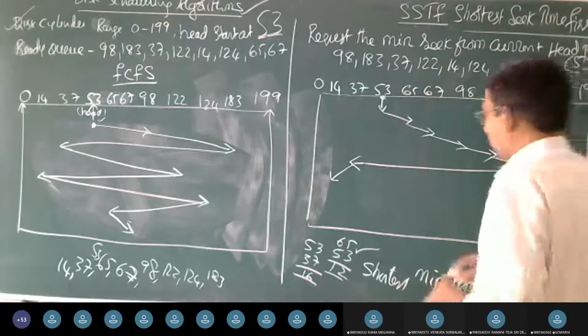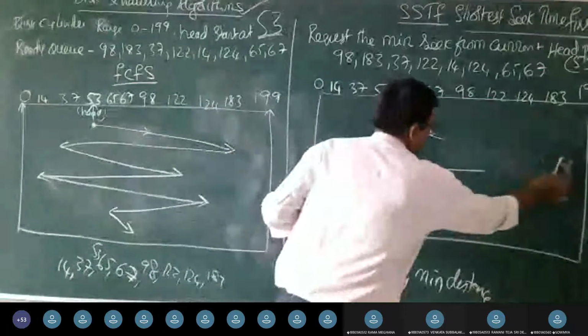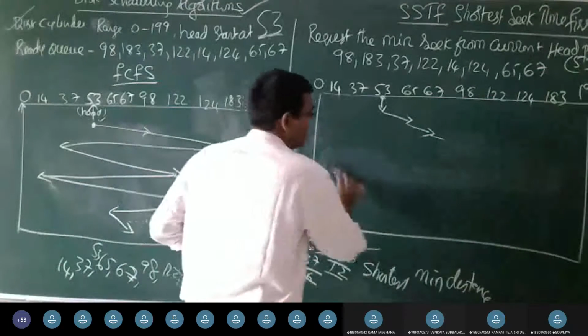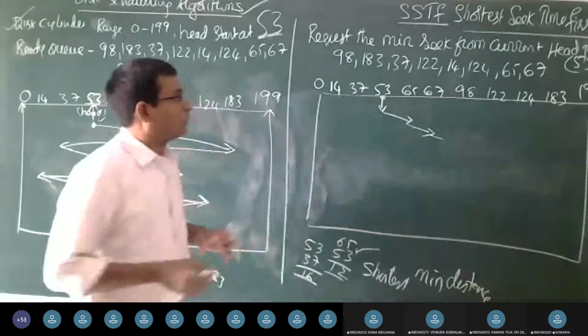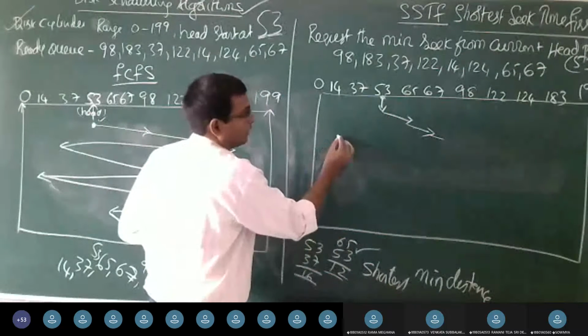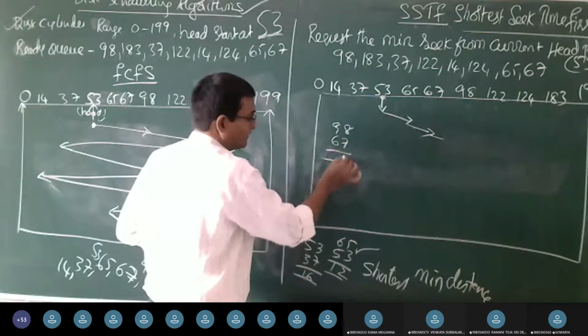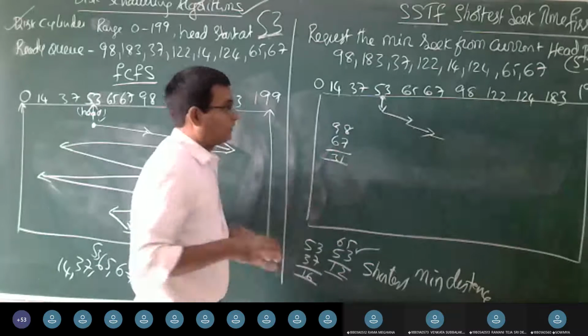I think there was a mistake here, right? Up to here it was correct. So what was the distance between 67 and 98? The distance between 67 and 98 was 31.